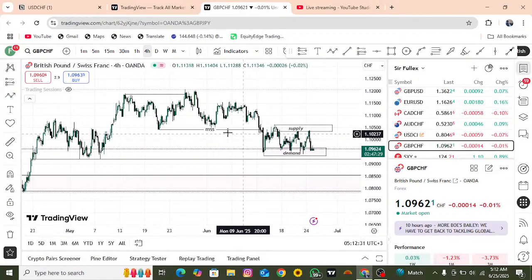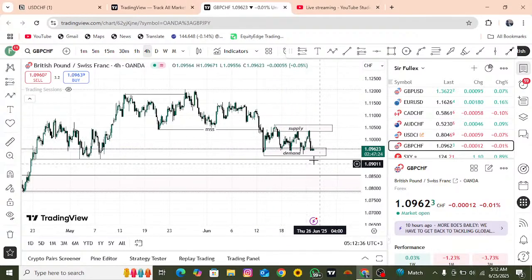I normally like it when many people are trapped in this zone. Me, I'm thinking clearly. In that case, if there is a market structure shift, let me just show you.